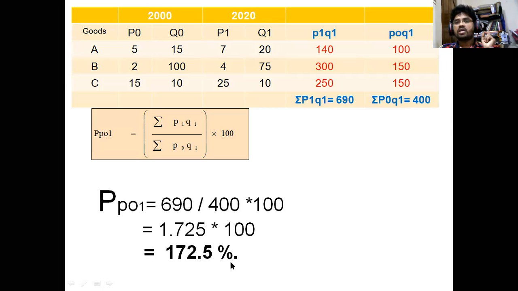The base index value is 100, and 172.5 minus 100 gives 72.5%. So you can conclude that the price has increased by 72.5% from 2000 to 2020. This is our conclusion.